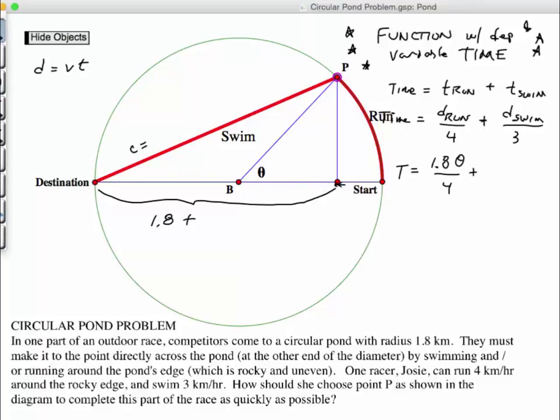Okay, in radius lengths, it's cosine, but how about in kilometers? From here to here. 1.8 cosine. That distance from there to there is cosine theta measured in radius lengths, and if each radius is 1.8 kilometers, then to get kilometers, it'll be 1.8 cosine theta. And then what's this in kilometers right here? 1.8 sine theta.